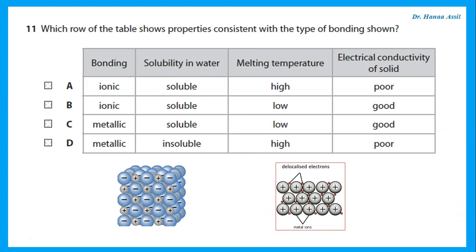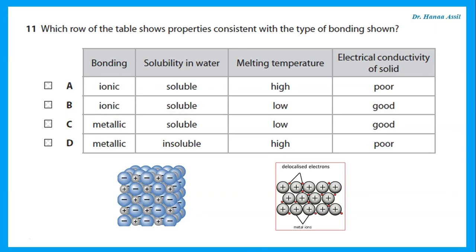If we look at the metals, metals, of course, are not soluble. They do have high melting temperatures, but their electrical conductivity as a solid is good. So C and D are not correct.